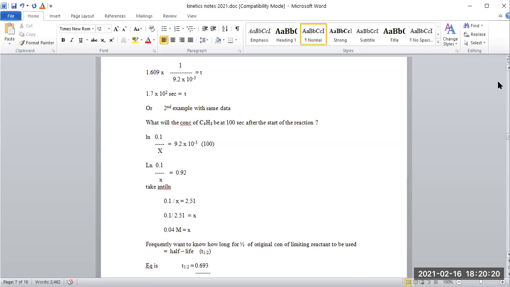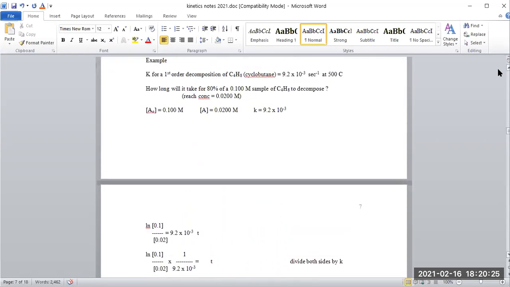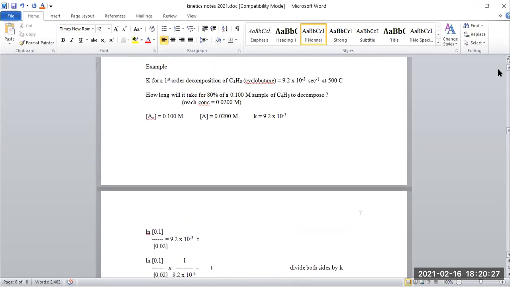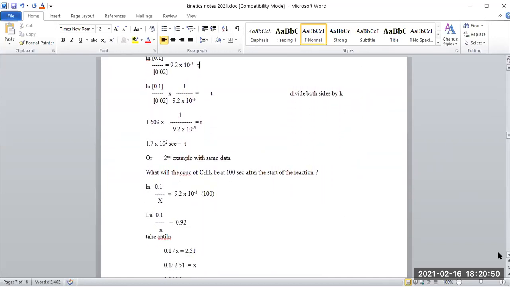Now think about the logic of that for a moment. I'm going to scroll back up here just a little bit. If it took 170 seconds to go from my 0.1 molar all the way down to 0.02, well, if I don't let it run as long, I'm not going to go quite as low.